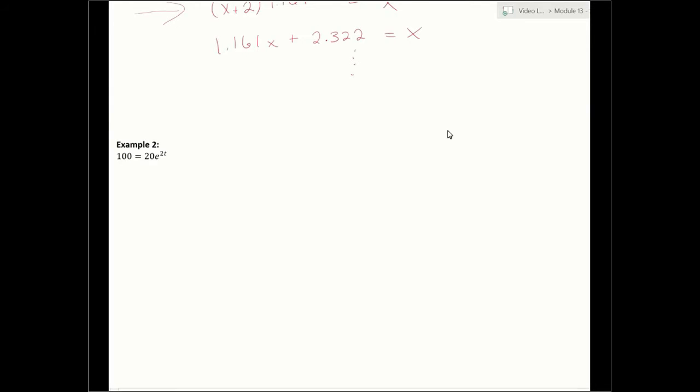So let's look at an equation that would be slightly different. Now, you may be tempted to just jump in, taking the log of both sides, but maybe it would be easier to divide by 20.